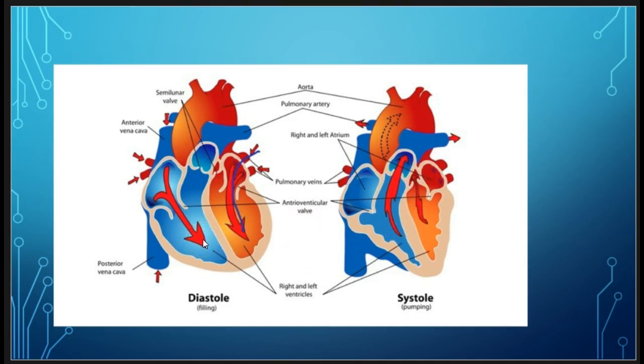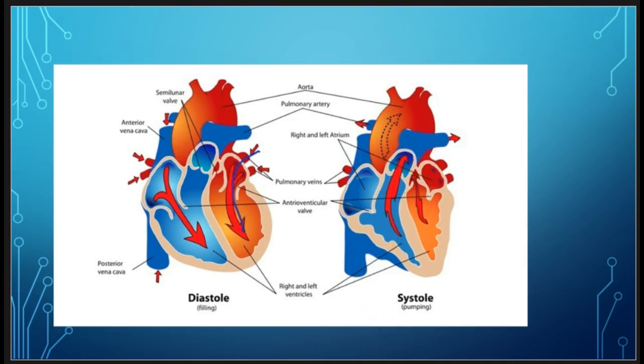As this fills up, it fills to a certain determined length, which is our determined volume, anywhere between 50 to 100 milliliters during diastole. And then as that fills, you get a signal from the SA node to have the heart contract, and that contraction then pumps the blood out of the ventricles, and then it goes out through the rest of the body.